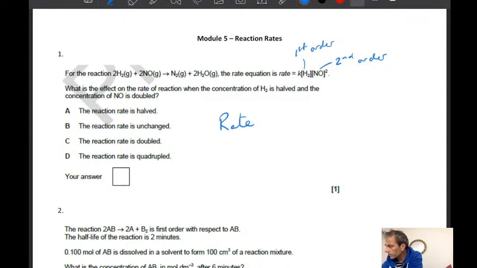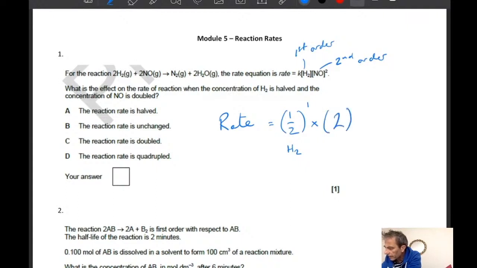Okay, so what's the rate going to do? Well, it says that the hydrogen concentration is halved, so that halving of the concentration for hydrogen needs to be raised to the power 1. So this is for the hydrogen, and then that gets multiplied in the rate equation, doesn't it, by the nitrogen monoxide concentration. So what's happening to that? That's getting doubled.